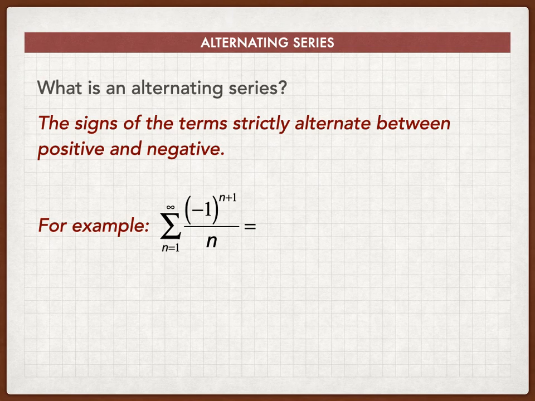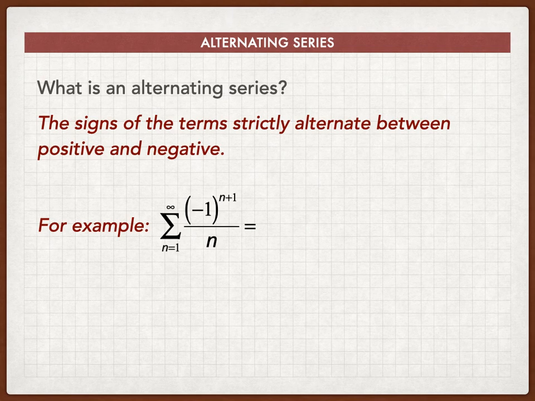(-1) to the n plus 1 power divided by n. Let's write a couple of terms. (-1) to the 1 plus 1 is (-1) squared.